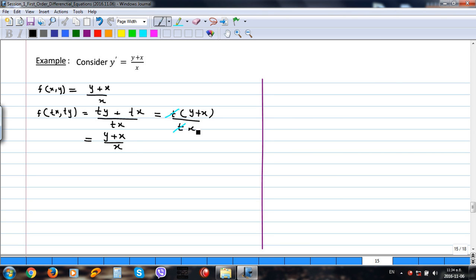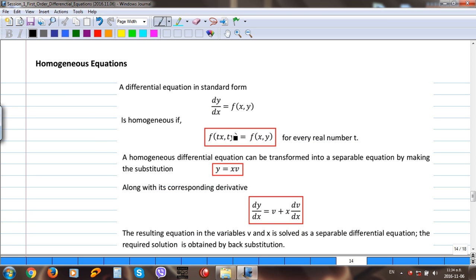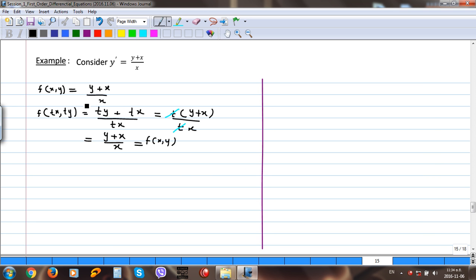It means this is f(x,y). Then the condition is satisfied: f(tx, ty) = f(x,y). It means this is a homogeneous equation.